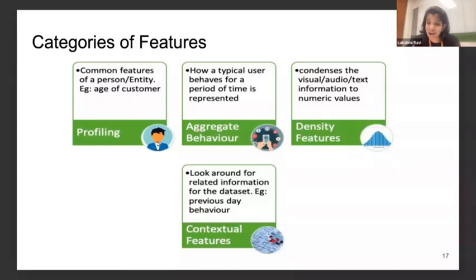This is very common in behavior data. We'll see in the latest stages how a particular user behaved with respect to this one item for this particular time period, which is a form of aggregating the behavior.